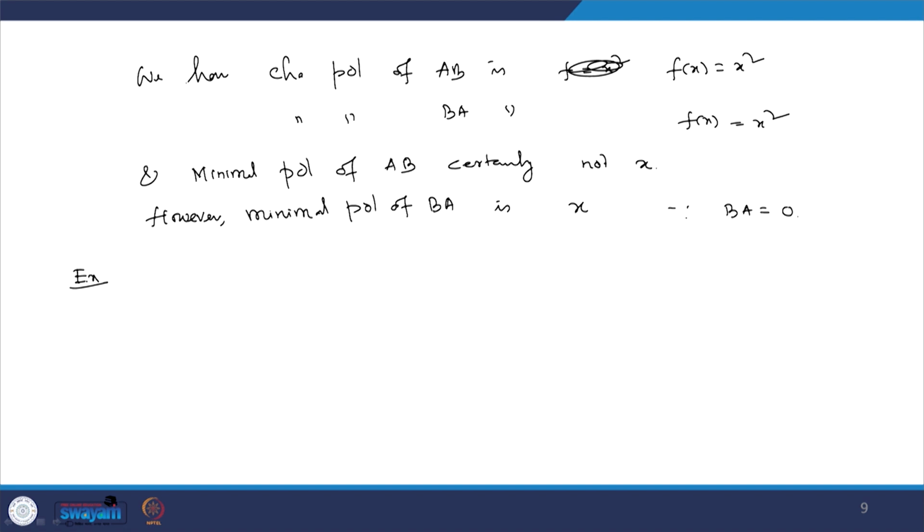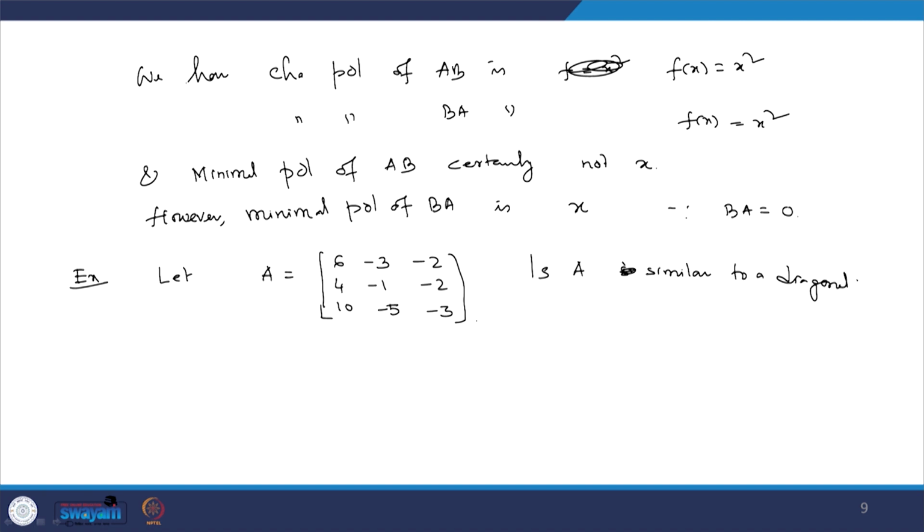Let me consider one more nice problem. Consider a matrix A equal to [6, -3, -2; 4, -1, -2; 10, -5, -3], or equivalently, consider a linear operator T defined on F^(3x1) whose matrix representation is the given matrix A. The question is: is A similar to a diagonal matrix over R?